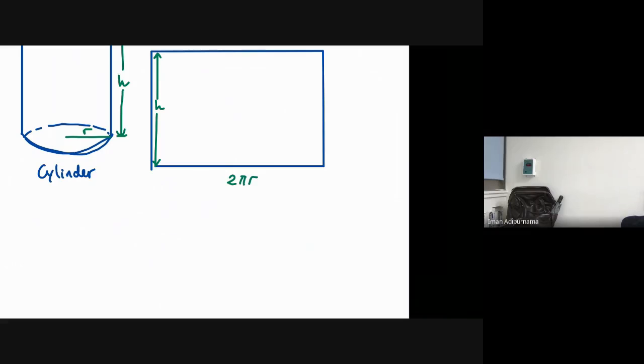And the surface area for this rectangle will be 2 pi r and H. So I can write the area as 2 pi r H.